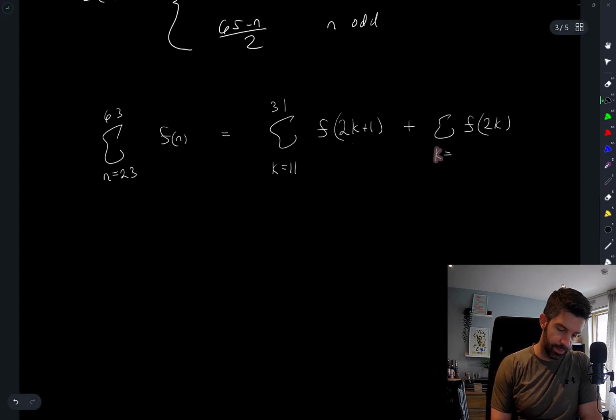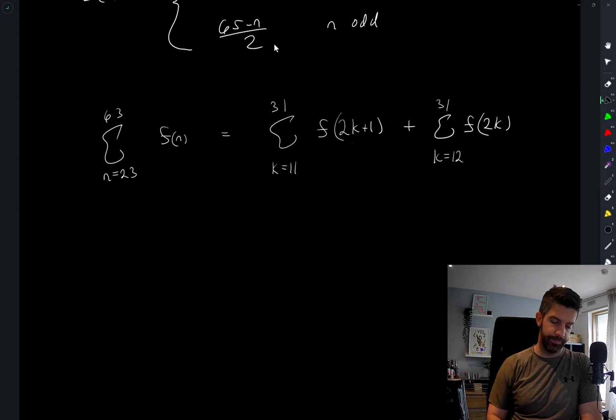And here I want to pick out the even numbers. So the first even number in this range is 24. So that's when k is equal to 12. The last even number is 62. That's when, again, k is equal to 31.